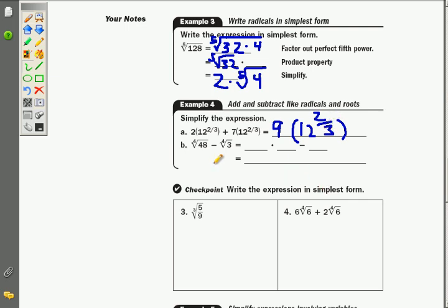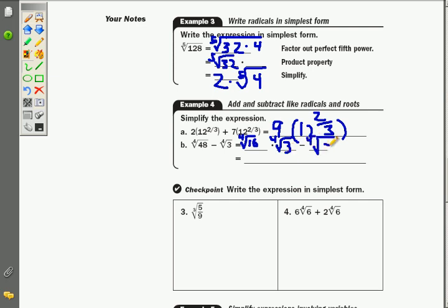And on this next one, we have the 4th root of 48 minus the 4th root of 3. Well, are there any 4th roots that you know that are inside of here? Well, actually, I do know one. I know 2 to the 4th power is 16. So this ends up being the 4th root of 16 times the 4th root of whatever's left over, 3, minus the 4th root of 3.